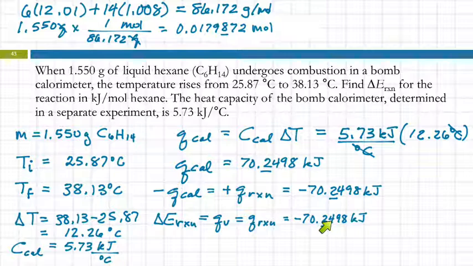So it's this much energy for this many moles. If I take the kilojoules and divide by the number of moles, then I'll get the amount per mole. So I'm going to divide by 0.0179872 moles.